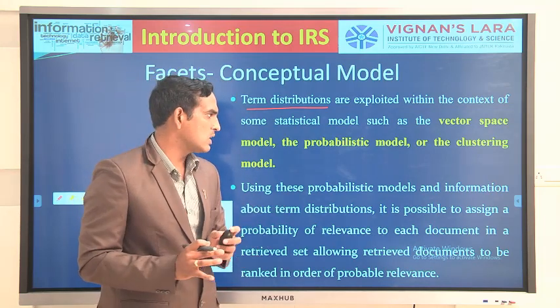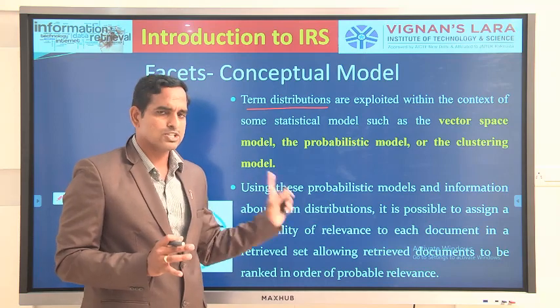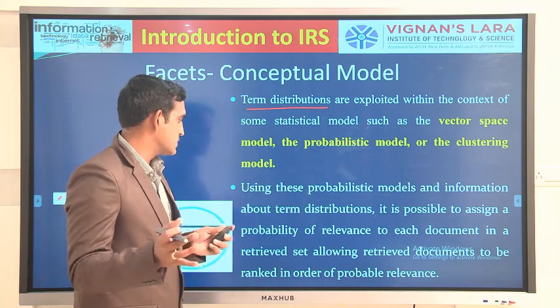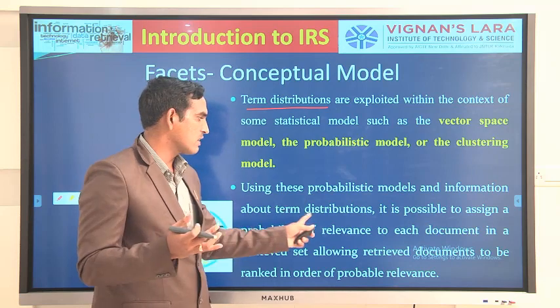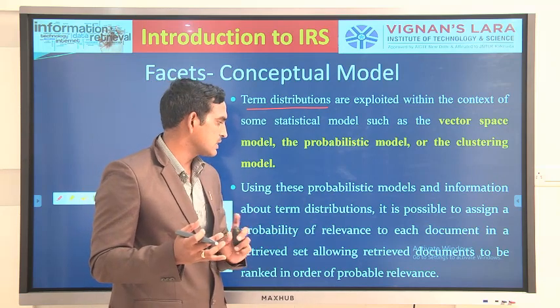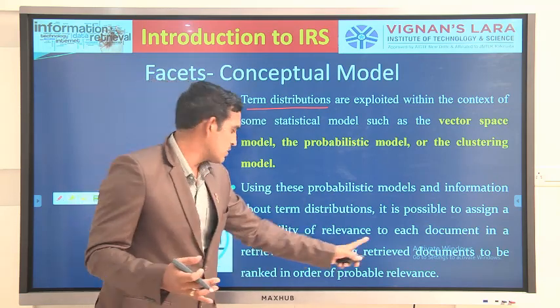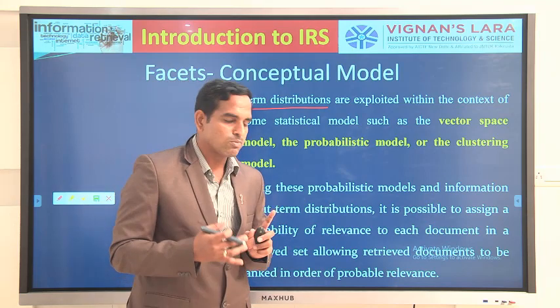Using the probabilistic model and information about the term distributions, it is possible to assign a probability of relevance to each document in the retrieval set, allowing the retrieved documents to be ranked in order of probable relevance.